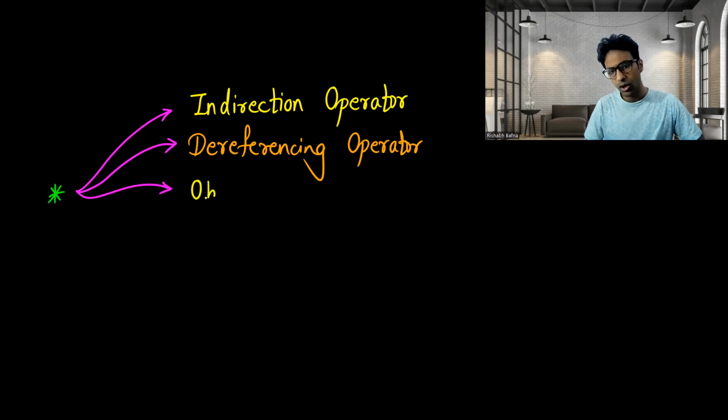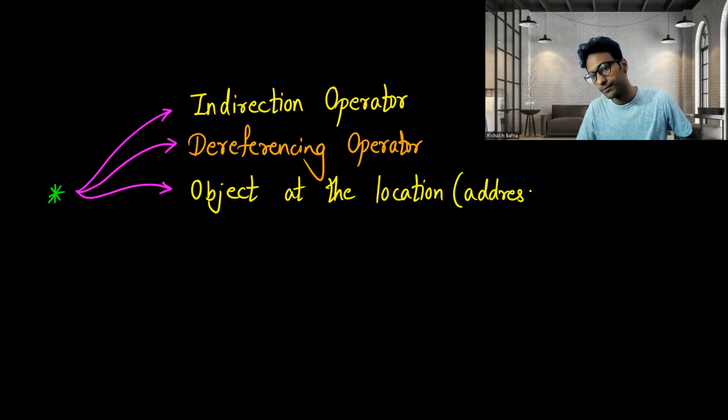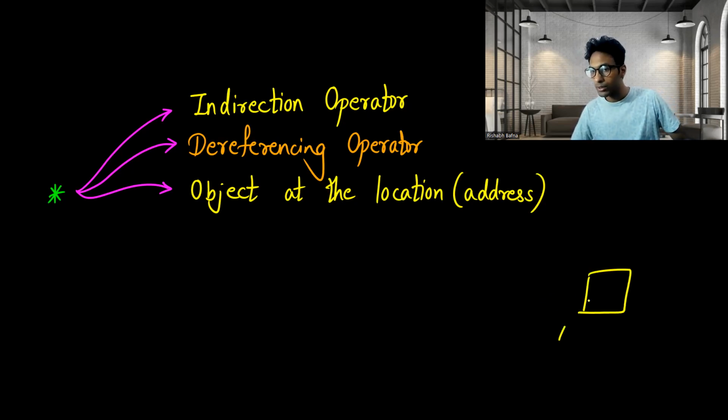Let me write it. Object at the location or address, by using star. At some address, what is present in it? Just go inside. If you want to go inside it, just put a star.